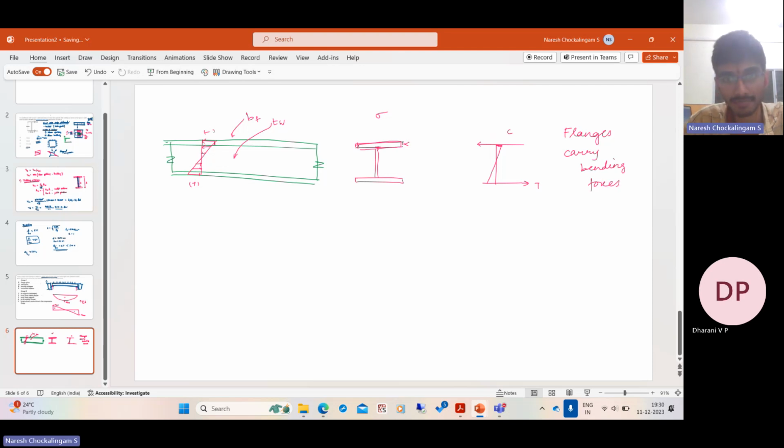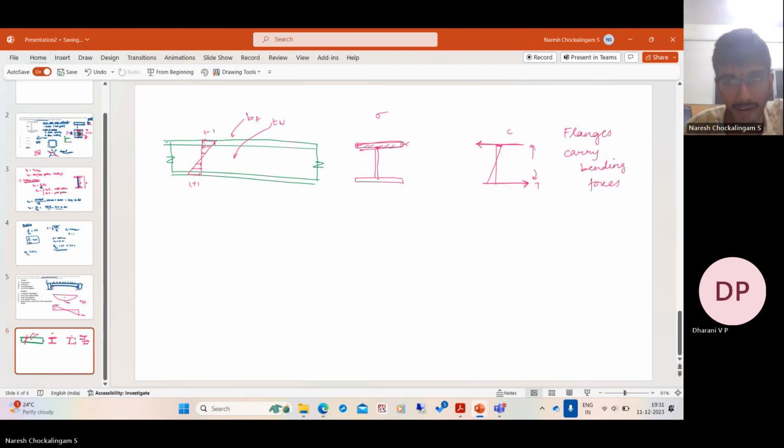Because the flange is much wider, the force here is enhanced. So there's a large compressive force in the flanges, and because you have shifted the forces here, whatever comes to the web is greatly reduced. The stresses are the same both in the flange and the web, but the force carried by the web is significantly reduced.